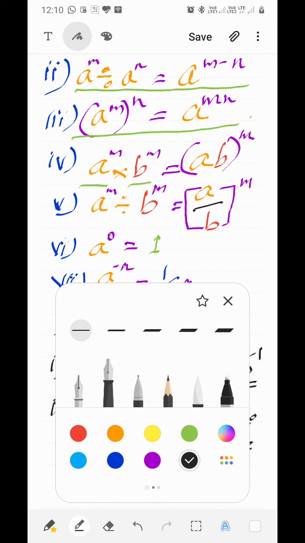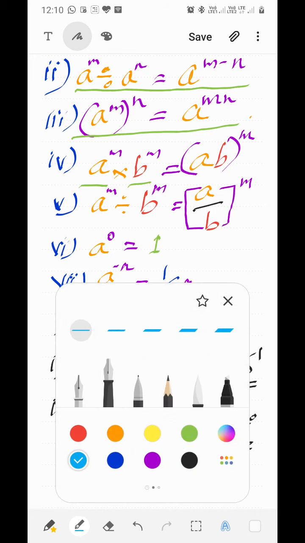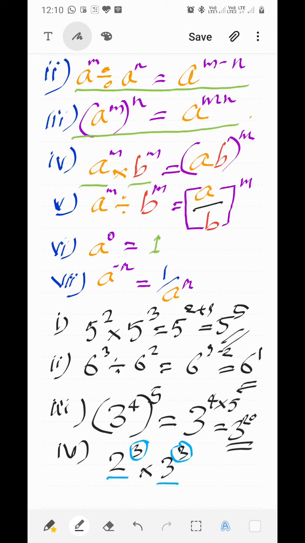The bases are different and the exponents are the same. So what will be the answer as per the exponential law? According to the exponential law, the answer is 2 into 3, 6 raised to 3. 6 raised to 3. How does it come?